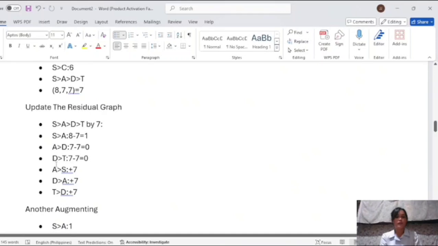Also D to T is reduced by 7 accordingly.